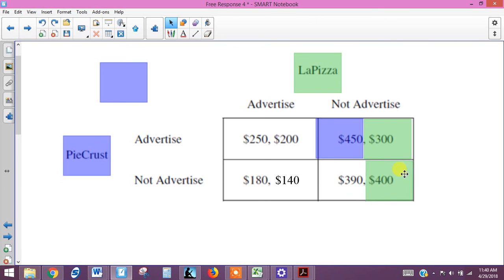So if they don't advertise, it doesn't matter what Pie Crust does, either here or here. La Pizza is better off not advertising than if they were to advertise. That would be a dominant strategy. But since this is actually higher than 400 and not lower, we do not have a dominant strategy.